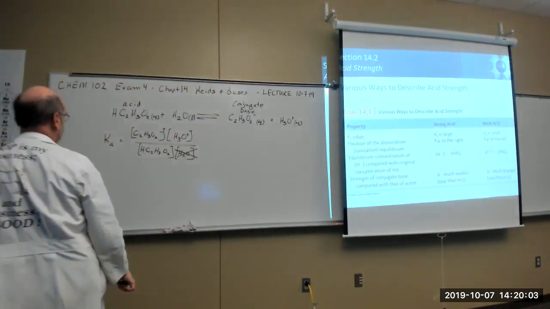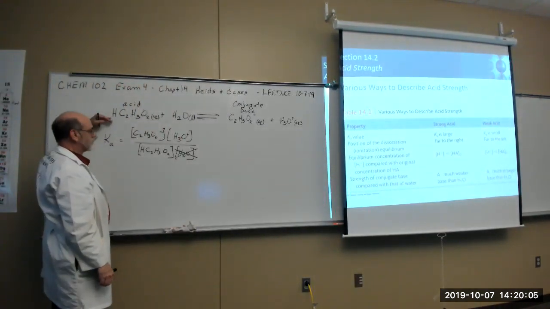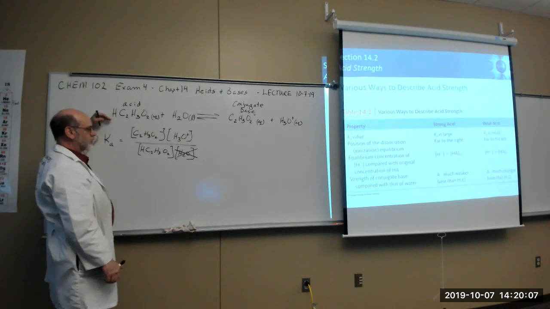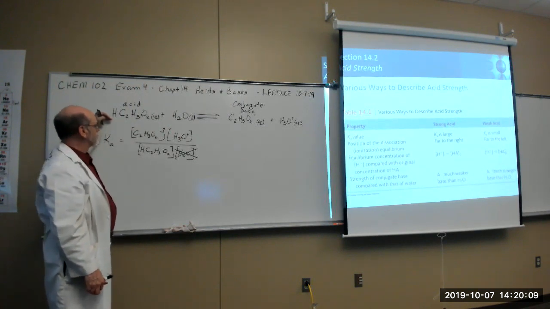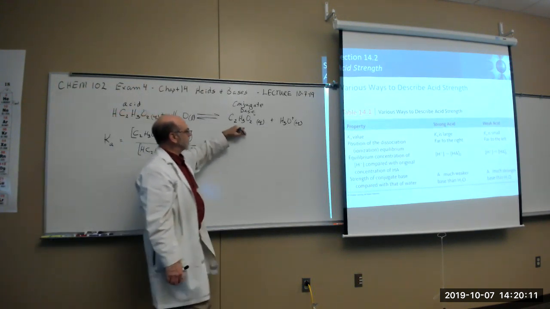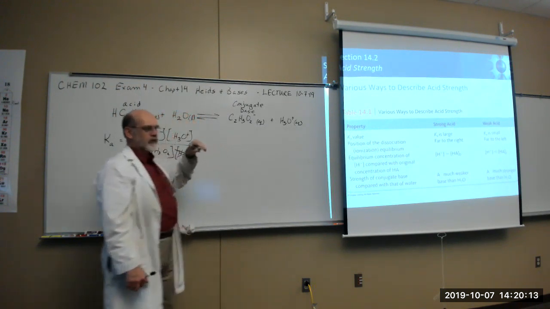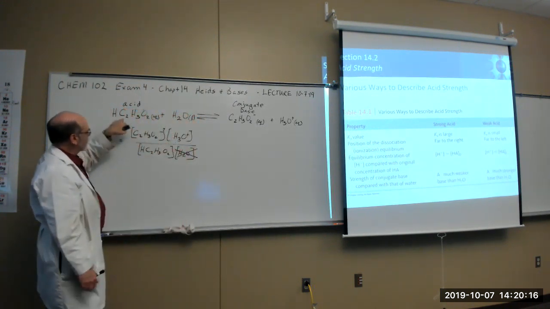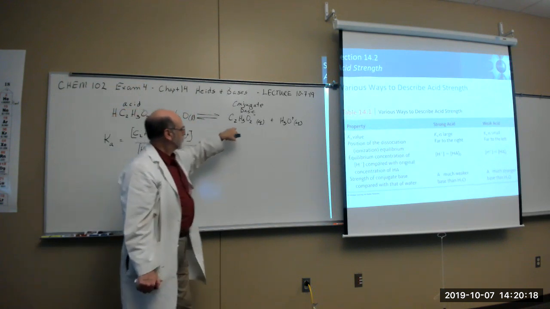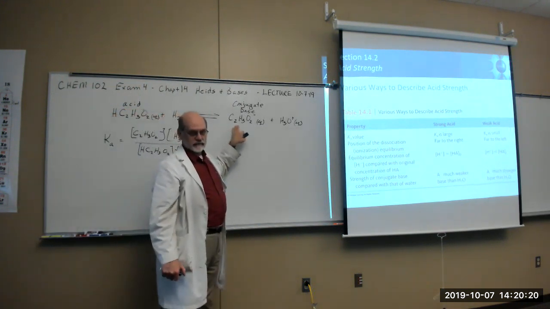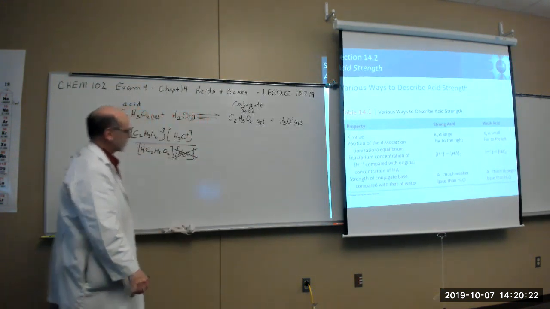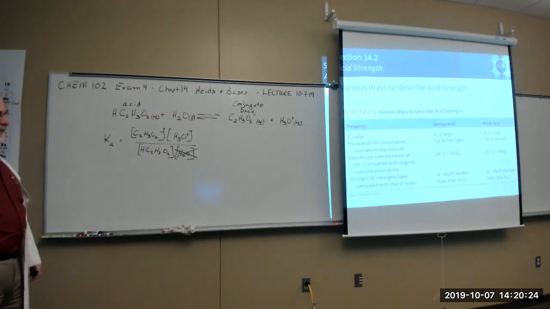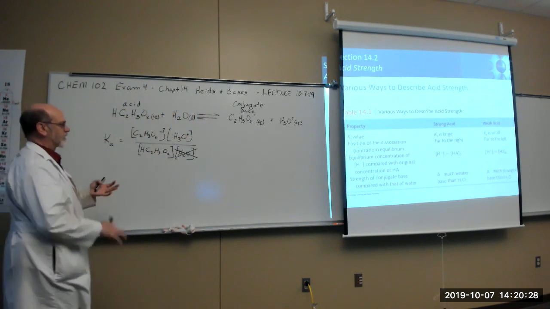Okay. So now we have this acetic acid, and for every acid, during a transfer of a proton, it becomes a conjugate base. That just means, according to Bronsted-Lowry, that the acid is a proton donor, and the base now is a proton acceptor. Okay? So what does that mean in terms of strength?